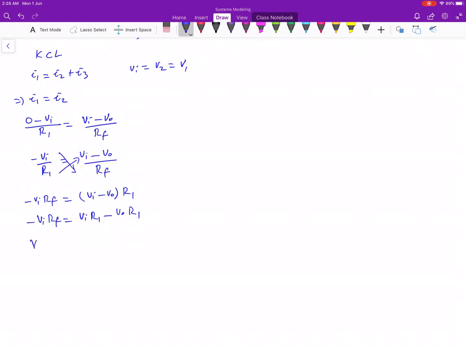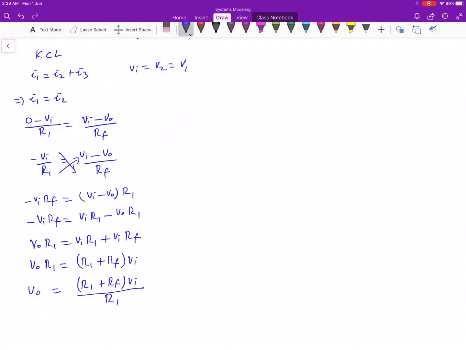We're going to have V naught R1 is equal to Vi R1 plus Vi Rf. Factoring the Vi out, we're going to have V naught R1 is equal to R1 plus Rf times Vi. Hence, V naught is equal to R1 plus Rf times Vi over R1.